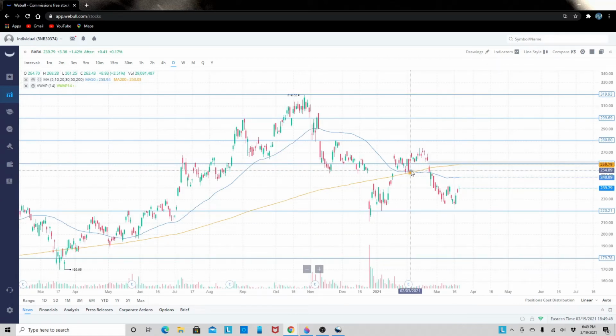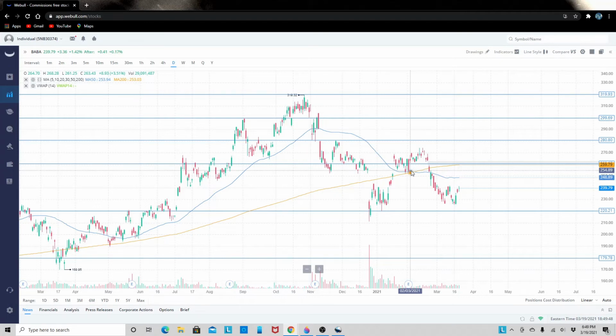Well, it wasn't our last support, but it was one of our last ones that we had mapped out, which was 220, and it finally caught this falling knife, as you want to call it, and it held up at 220 as our support right here.